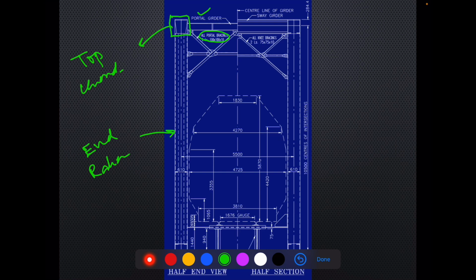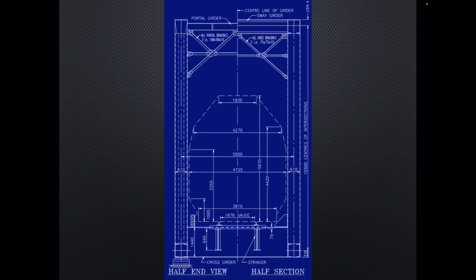We can also see on the right hand side, this is the sectional view in the middle or somewhere in between. So here we can see that this is the sway girder, this one is the sway girder.